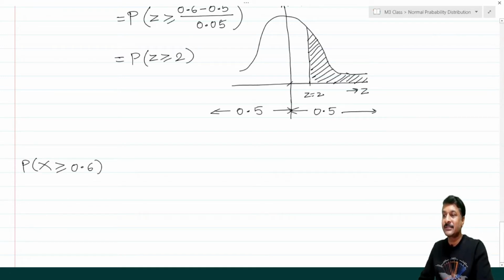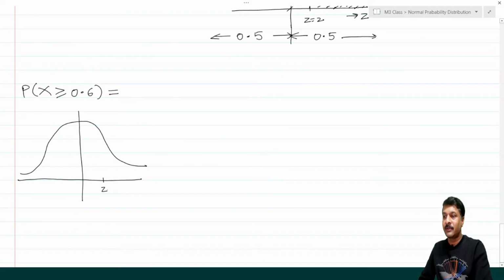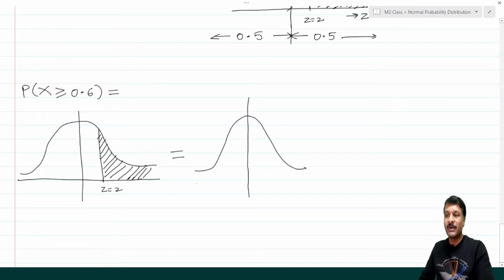0.6. So I got that it is the probability of Z greater than or equal to 2. So by figure, I will explain it. Z equal to 2, we want this area. In exam, there is no need to draw these figures; only one figure is sufficient. What is the given thing? It is 0 to 2. Z equal to 2. So here the total is 0.5, this whole area.